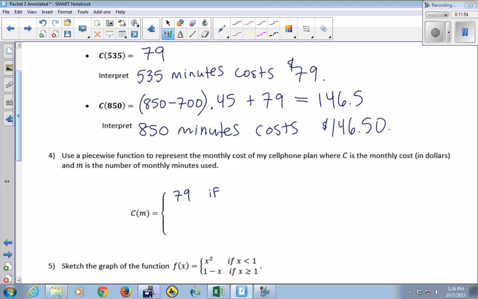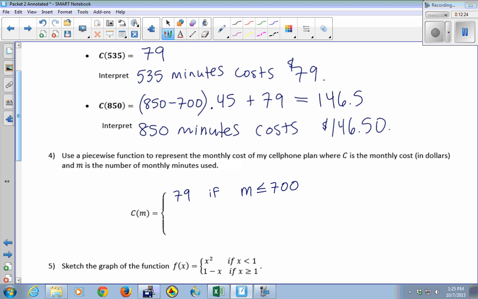And then I'll put if what? Yep, if M is less than, we'll say or equal to, because I think you actually get 700 minutes, so you can use that 700th one. So $79 if M is less than or equal to 700. My other formula would have to be when M is greater than 700, but I'll write that in after.